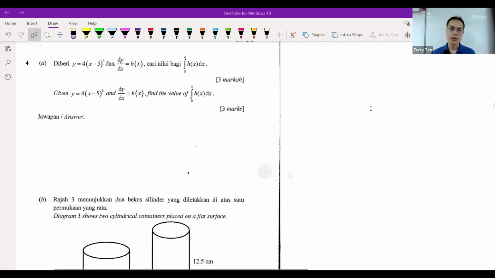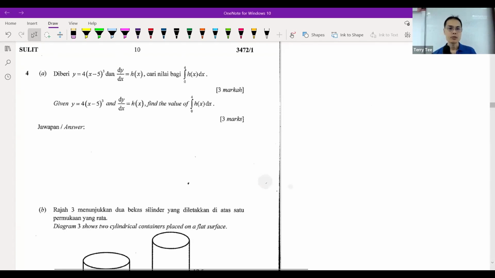Okay, moving on to question number 4. The first part is involving integration, right? So you are given that y equals 4 with a bracket x minus 5 cubed, and dy/dx is h(x). So you're supposed to find the value of the integration from 0 to 4 of h(x) dx. Now remember, when you differentiate y, you get h(x), right?